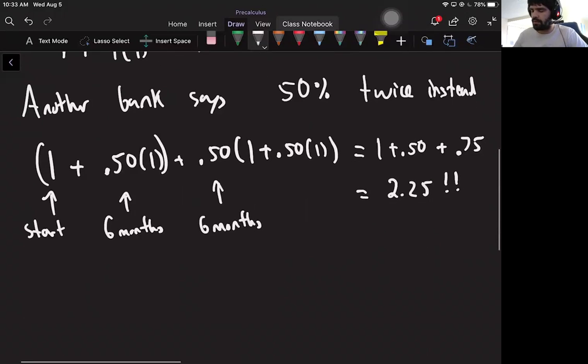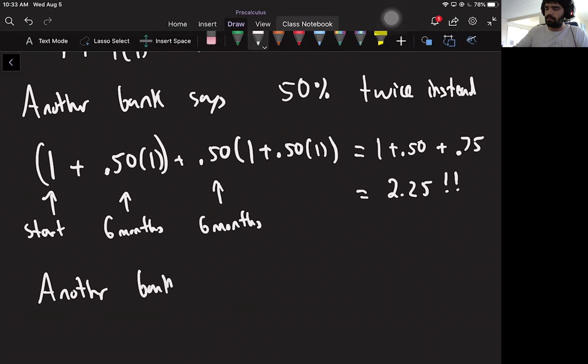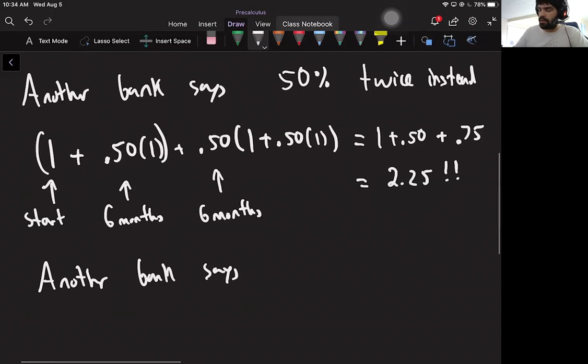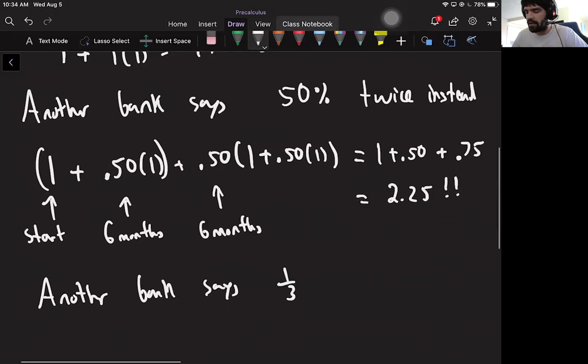So let's do another bank that says something else. So instead of doing 50% twice, and then we're going to grow up and not use percentages, we're going to use fractions. We're going to say 1/3, or 50% we were thinking of as a half, really.